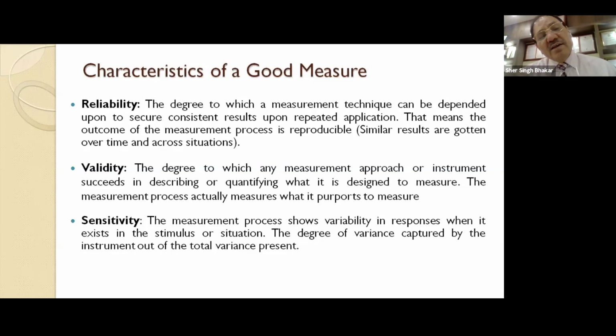But in all these measures, the tape may give you the wrong height, suppose the divisions on the tape are not correct, but every time you measure, it gives you the same height. Now, validity will be when the tape gives you the accurate height.